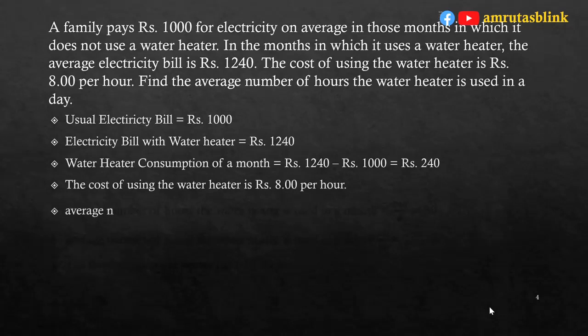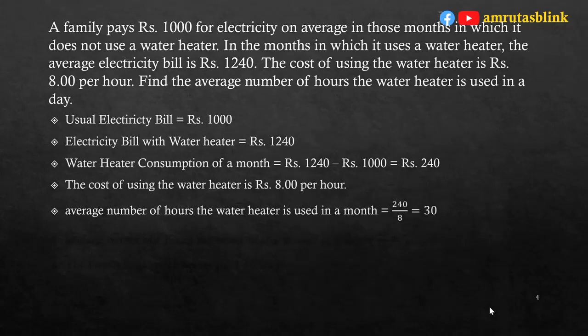So, we can calculate the average time. So, average number of hours the water heater is used in that particular month will be 240 upon 8, that is 30. So, we can say that in that particular month, on an average for 30 hours, water heater was used.